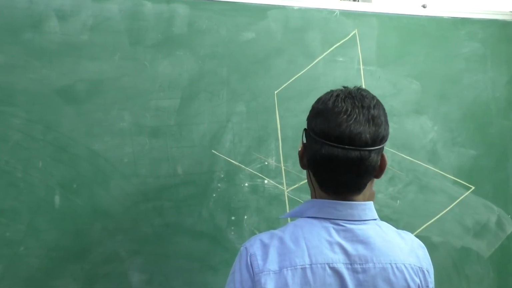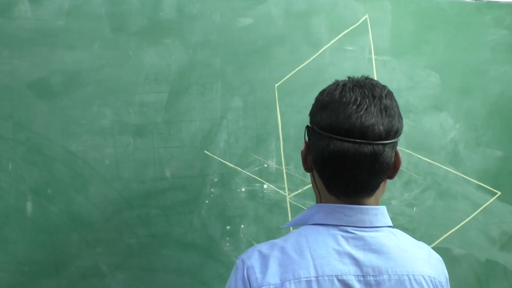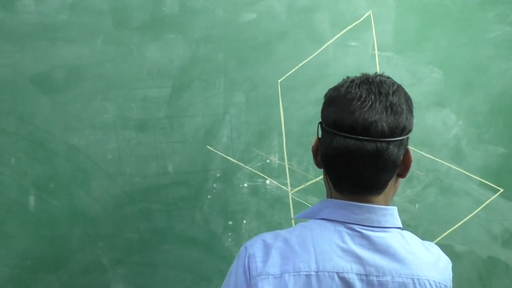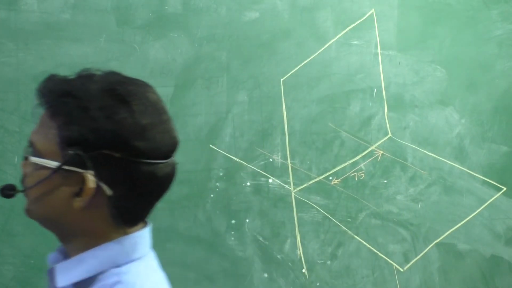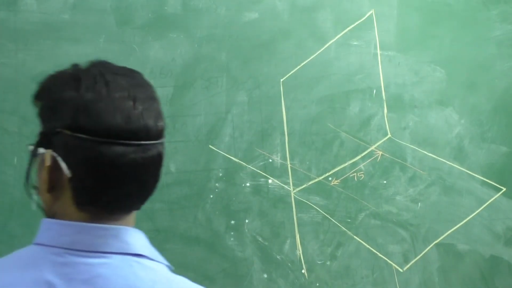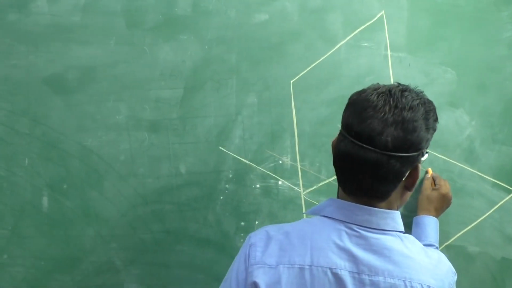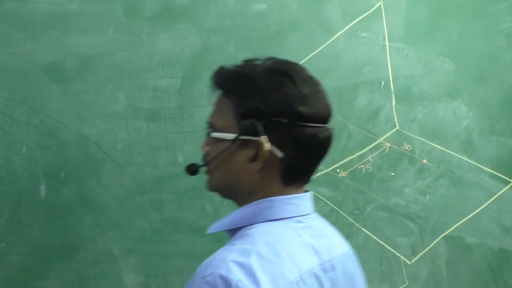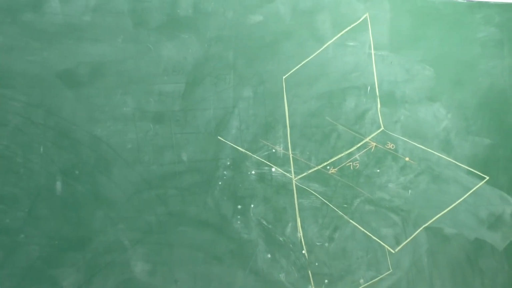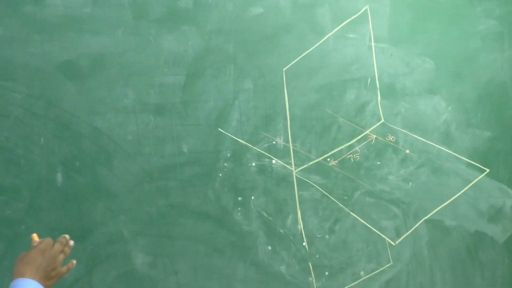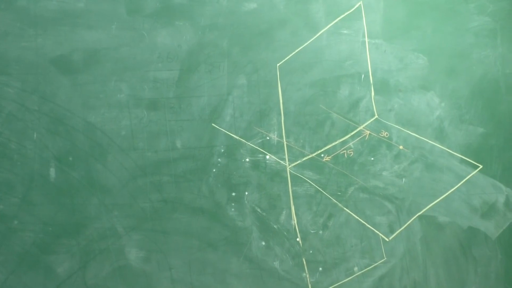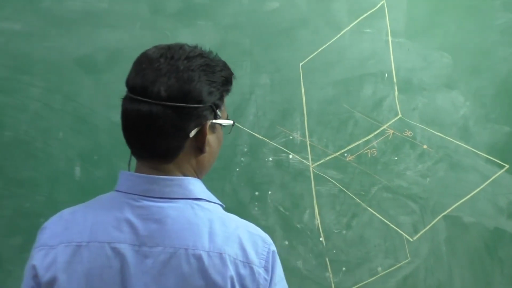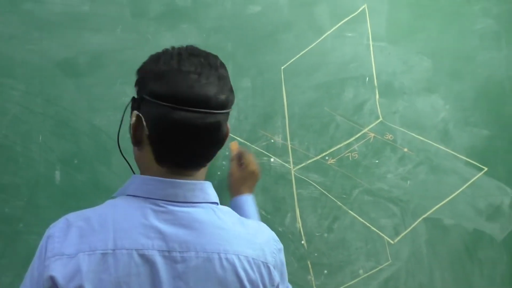This is 75, and let this be point A. A is in front of VP by 30 mm. Therefore, mark A here at a distance of 30 mm. Next, B is also in the HP, but it is behind VP, that is given in the problem, but the distance is not given.